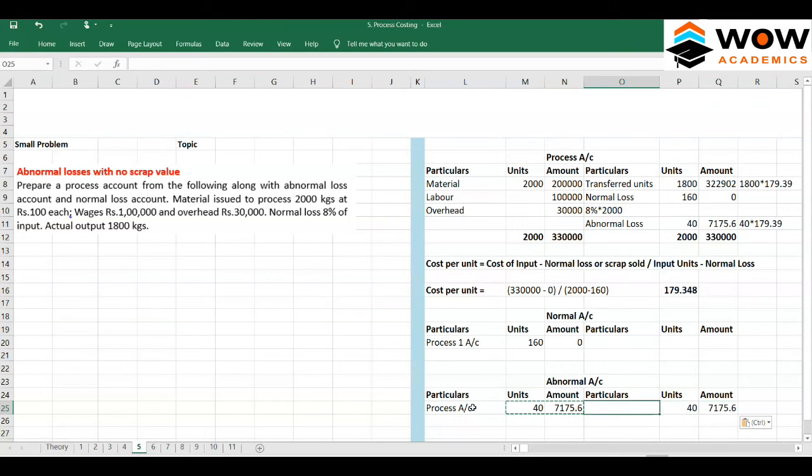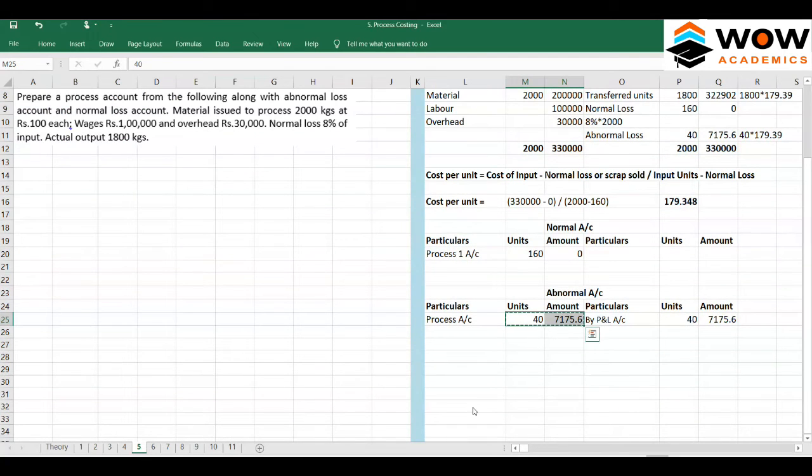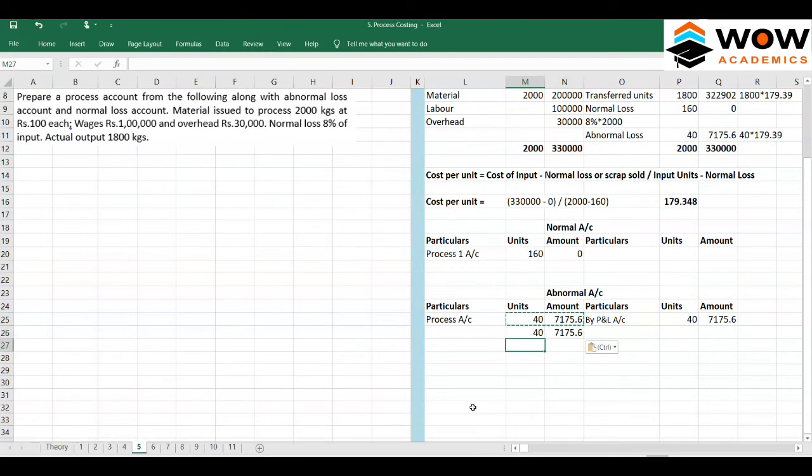So where will we transfer this? We will transfer this to the P and L account or SOPL. So it gets transferred to this account. To close this account, you just have to put the value and do this, and you have effectively closed the account.